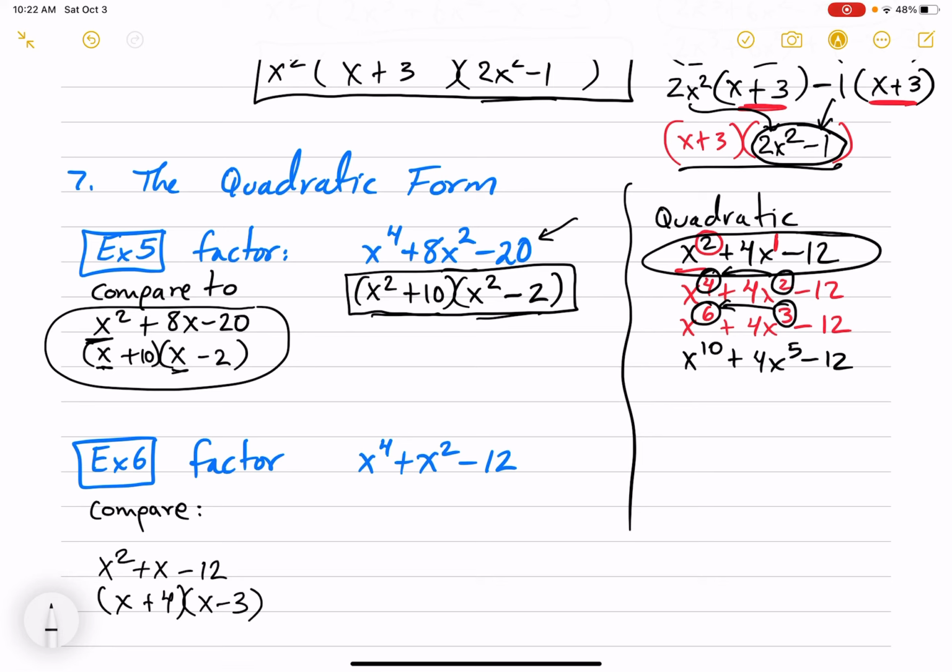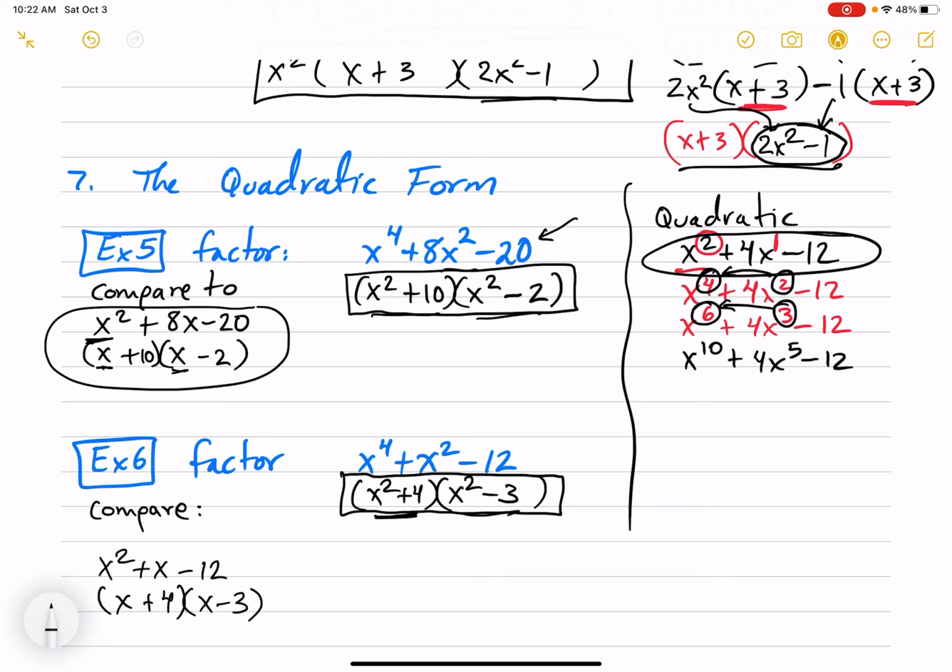So example 6 is going to factor into x squared times x squared, because that's how we get x to the 4th, and then positive 4 and negative 3. And if you remember, the difference of squares doesn't factor, so that can be factored no more. Neither could this one, so this would be the solution.